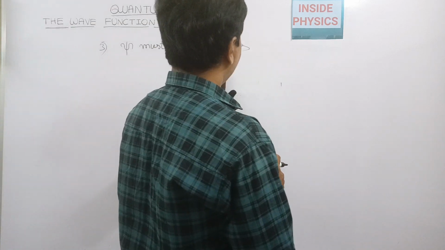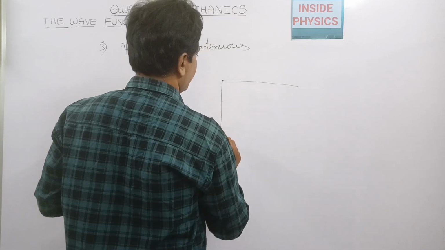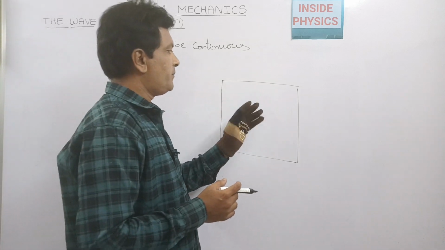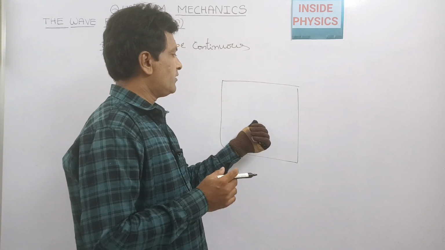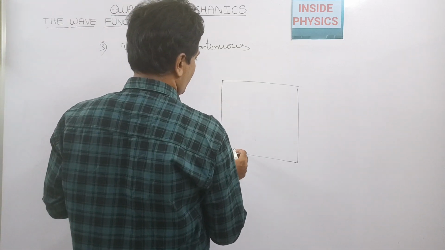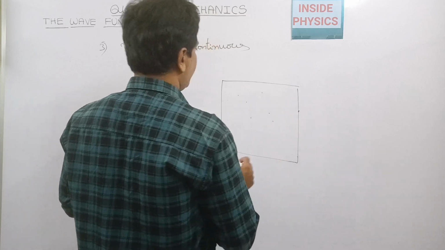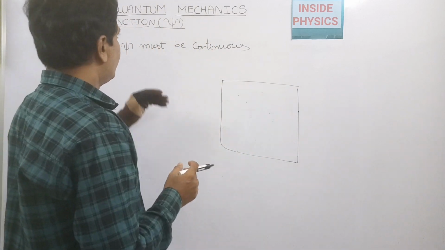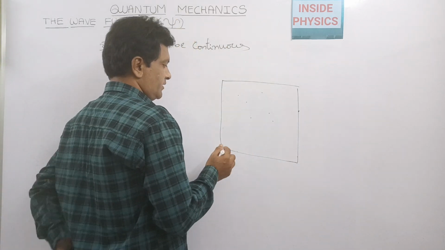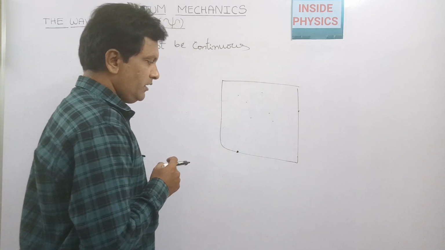To understand it in a better way, suppose we have a boundary with some space inside and we are finding a particle with some probability inside this space. Anywhere around the boundaries or inside, psi must be continuous. It should not be discontinuous. What happens if it is discontinuous at this boundary?